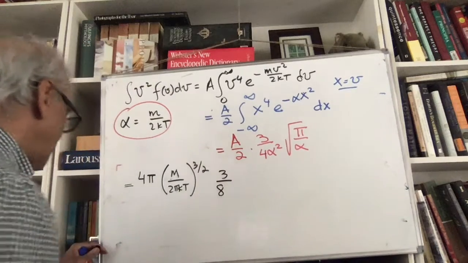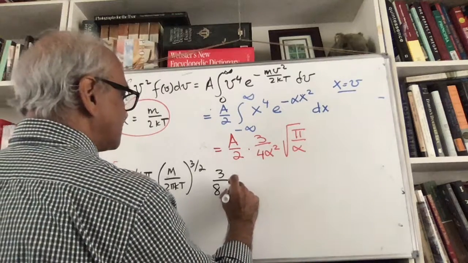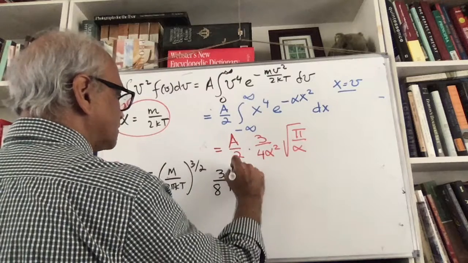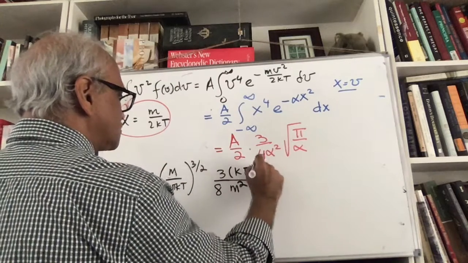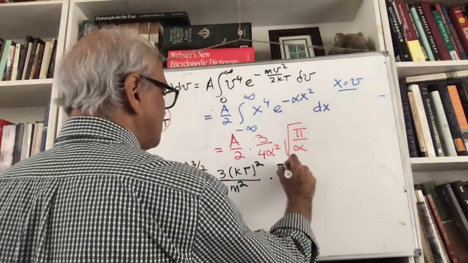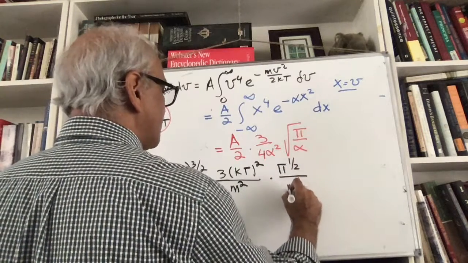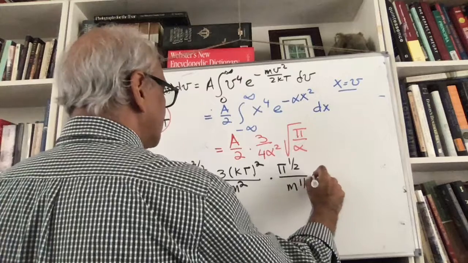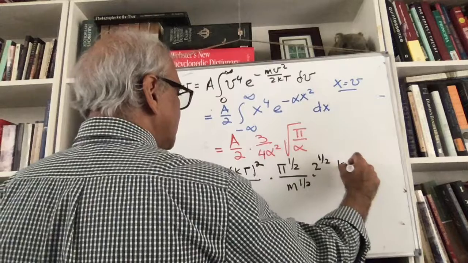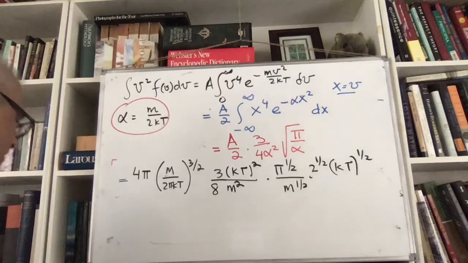And what's my alpha square? Remember, alpha is this, so I can write it as m square, and on the top I can write kt square because it flips, and then pi to the power half, and then this alpha is m to the power half, and it goes to the top, 2 to the power half, kt to the power half. So you actually break it down like that.